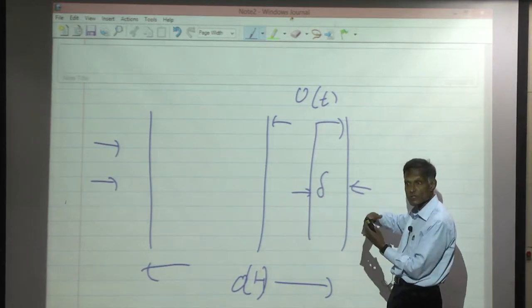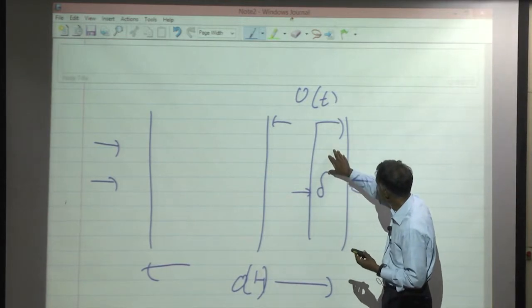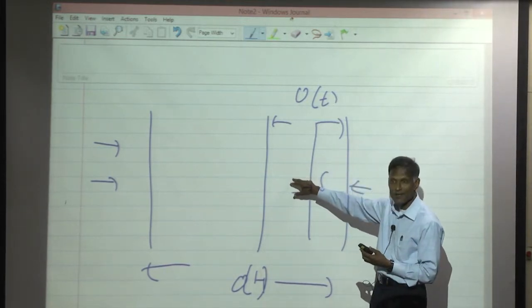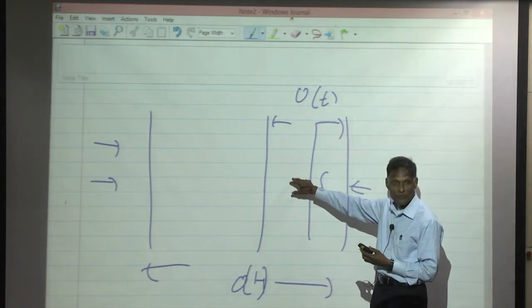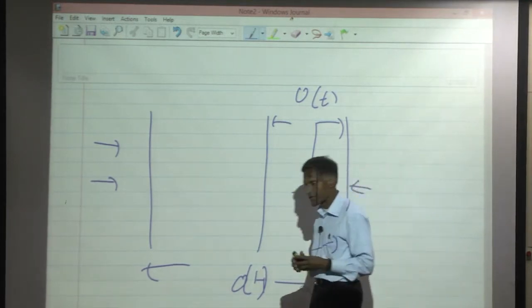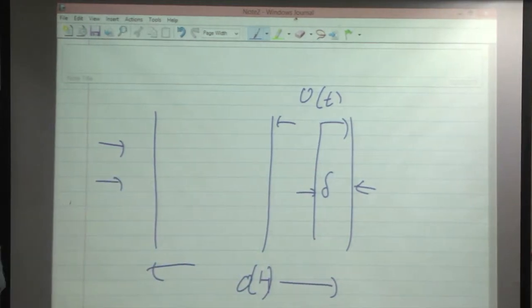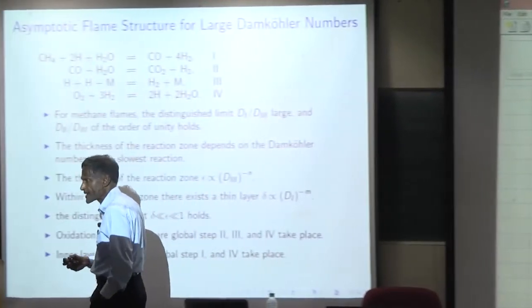So this is the structure. The carbon monoxide and hydrogen formed there go upstream and react with oxygen. Radicals are formed, and the radicals go back and react. So they're interconnected. That's the idea.